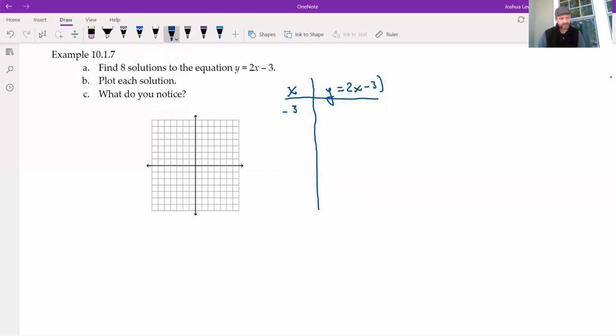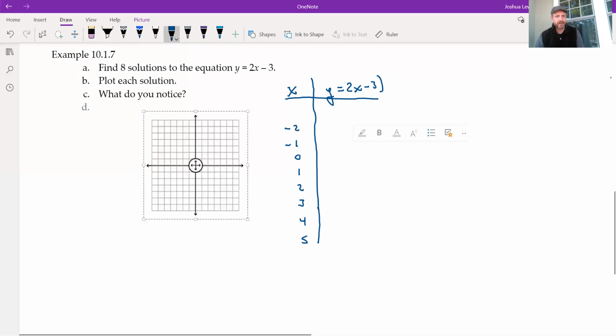And then -2, -1, 0, 1, 2, 3, 4, 5. Is that 8 solutions? 1, 2, 3, 4, 5, 6, 7, 8. Ooh, I got 9 solutions. Yeah, let's get rid of the -3. Why not?